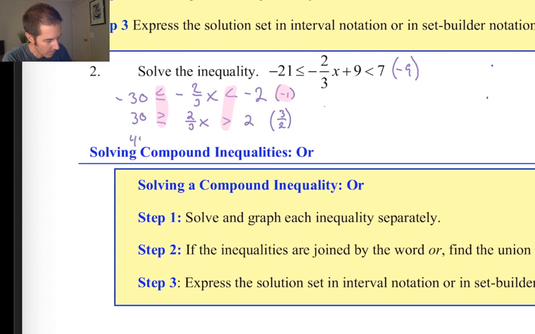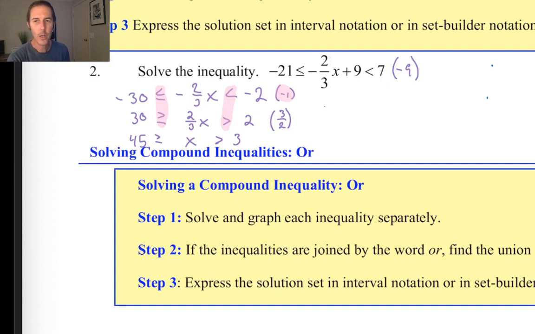That becomes a 45, is still greater than or equal to now just the x, which is greater than 3, because the 2's cancel and we're left with 3. So 45 greater than or equal to x greater than 3.